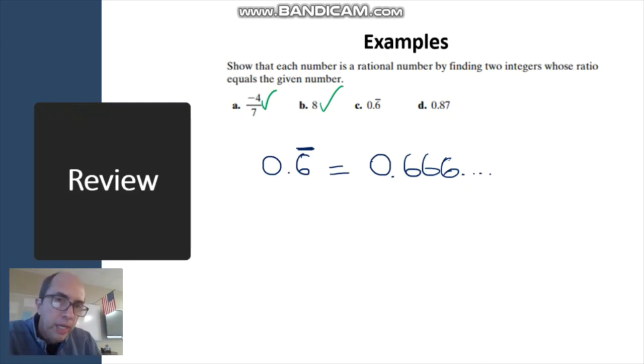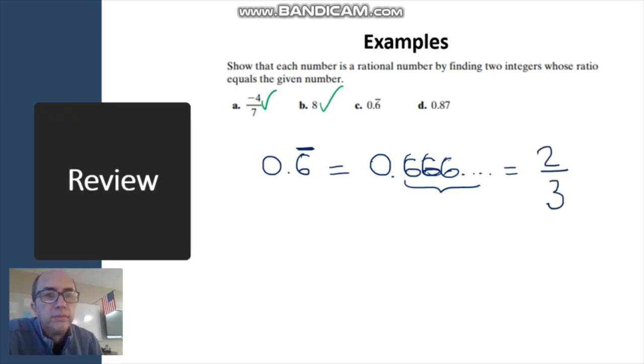When you have a repeating decimal number like this, you can represent it as a fraction, and this is going to be 2/3. So yes, we can represent this as a rational number.